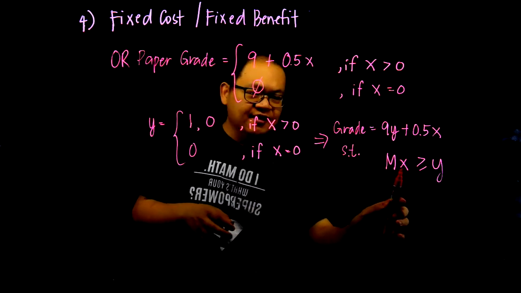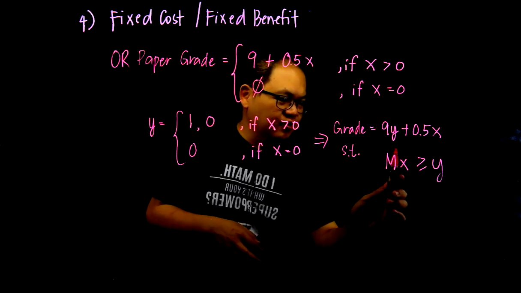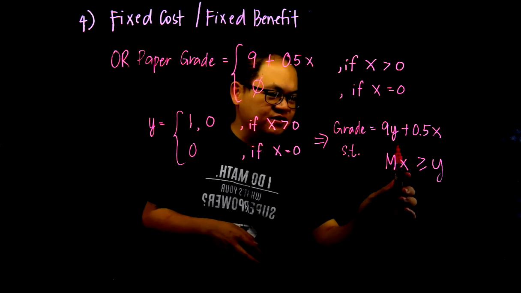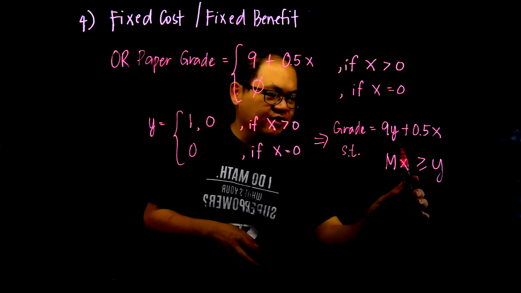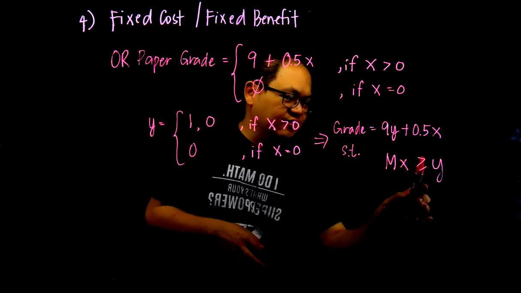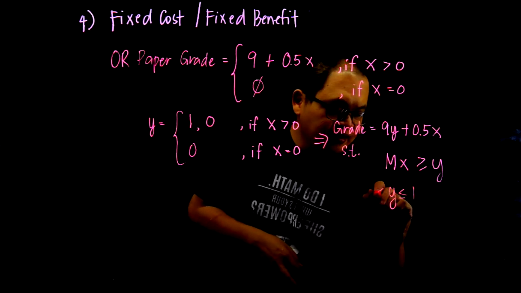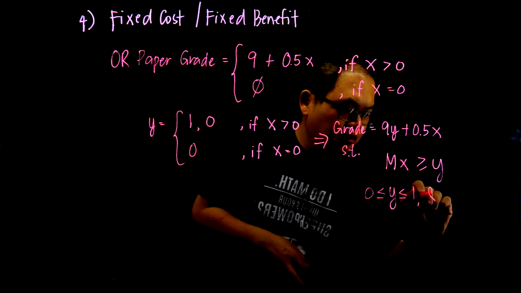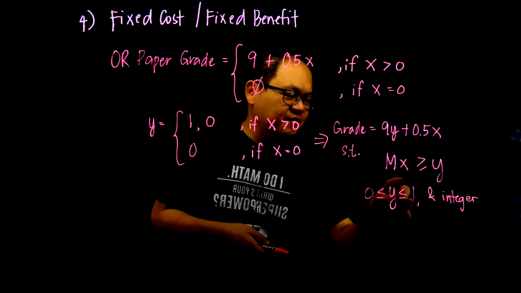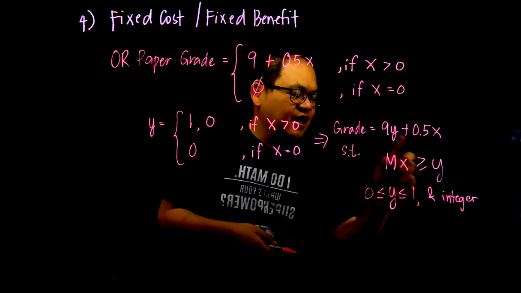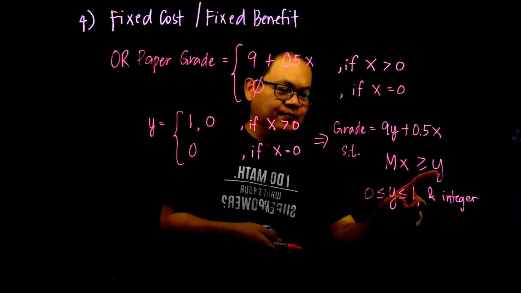Okay, so let's try to understand. If x is positive, what will happen is the left-hand side will be some positive number. And because the left-hand side will be some positive number, and the constraint is greater than or equal to y, and remember y is binary, therefore, if this is positive and this is binary, that means y can actually be either 0 or 1.